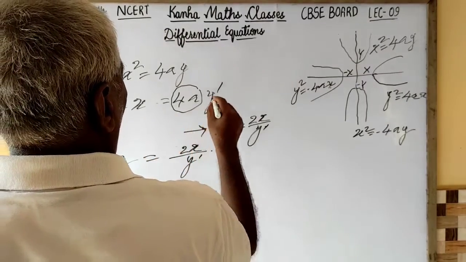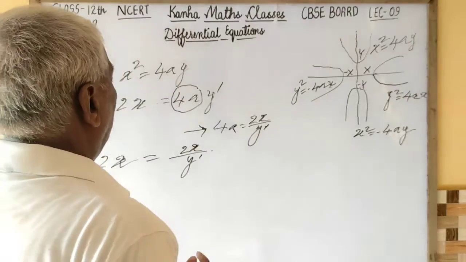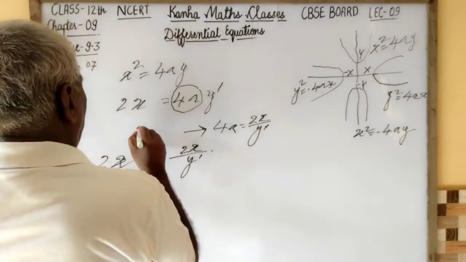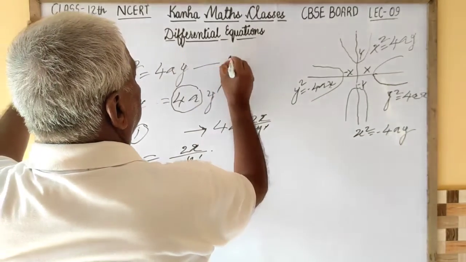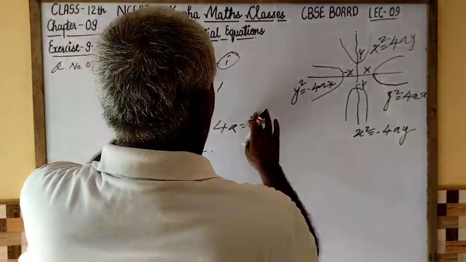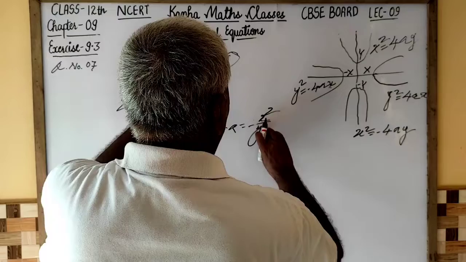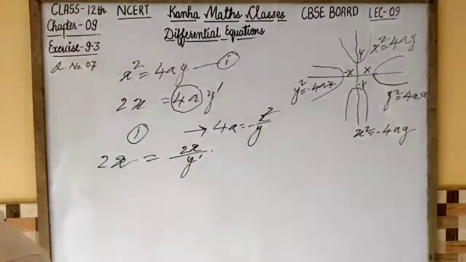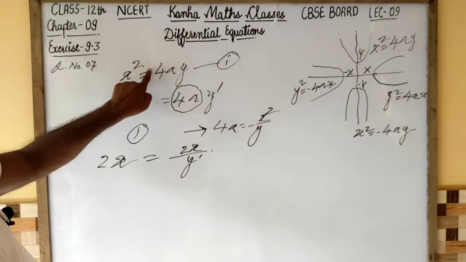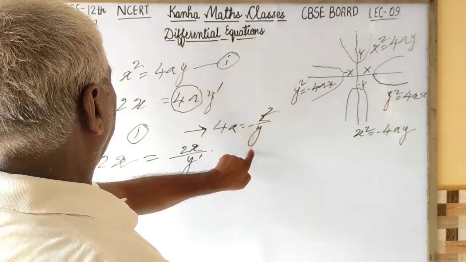You may take here equation number 1, then 4a will be equal to x square upon y. From equation number 1, we usually conclude that 4a means x square upon y.